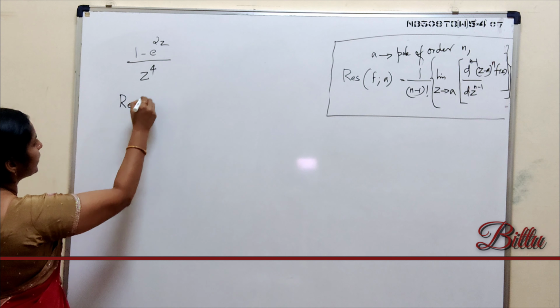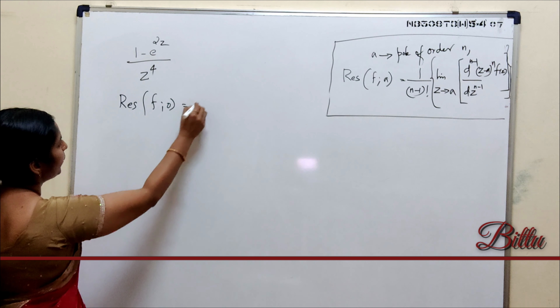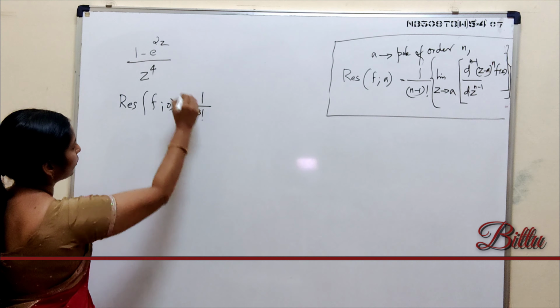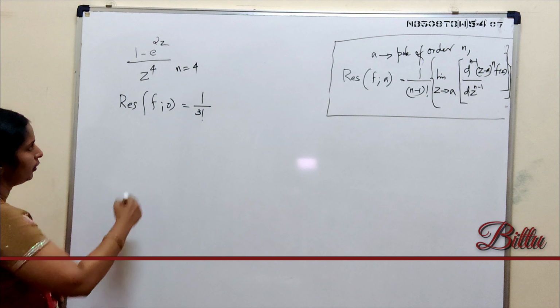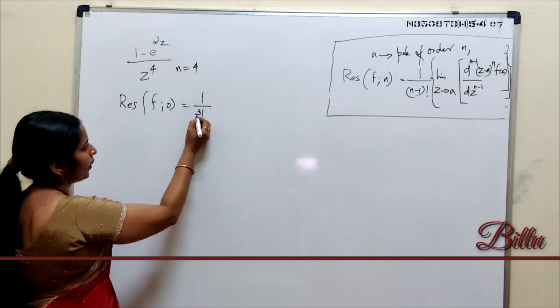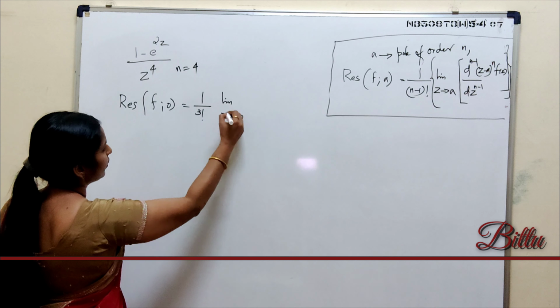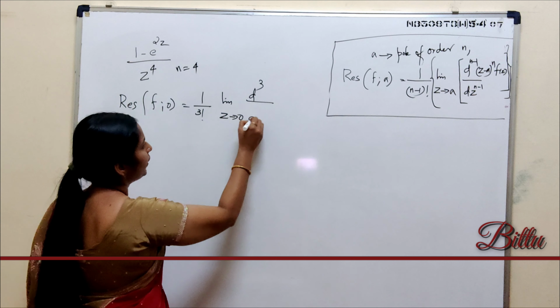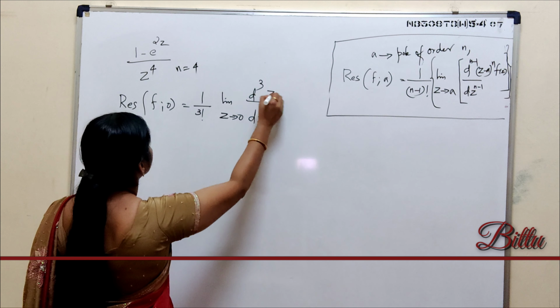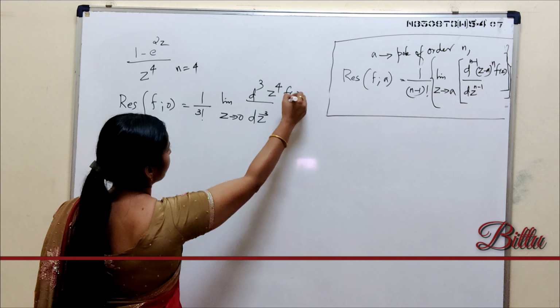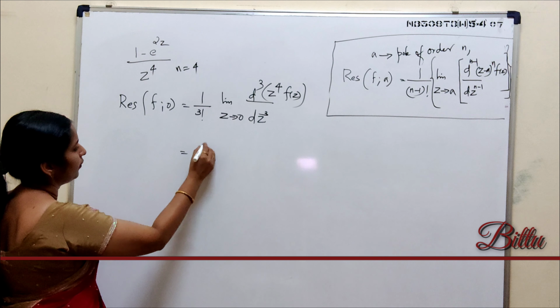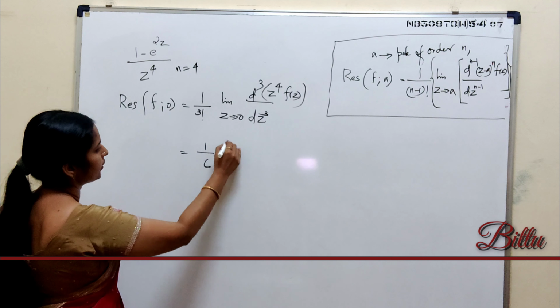So, residue of f at 0 equal to 1 by 3 factorial. Here n equal to 4, so since it is 4, you write here 3 factorial, limit z tends to 0, third derivative of z raised to 4 into f of z. That is, 3 factorial is 6.